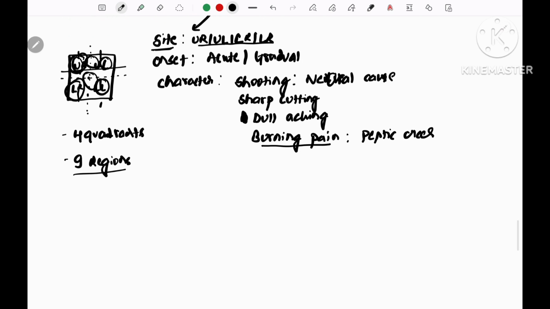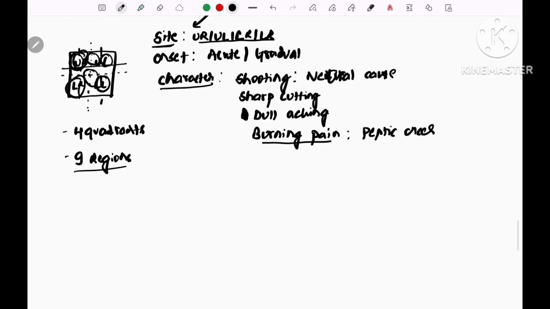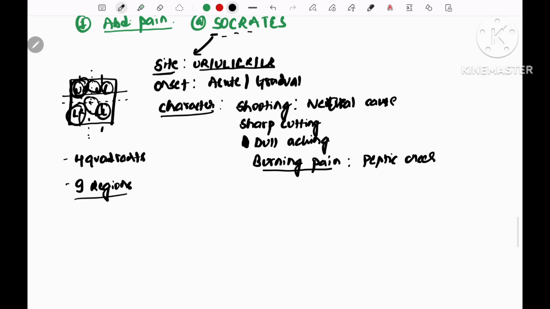Now, after talking about the character, we ask about the radiation. How do we ask that? We ask the patient, is the pain which is present also present from the beginning, or has it been transferred from one place to another?